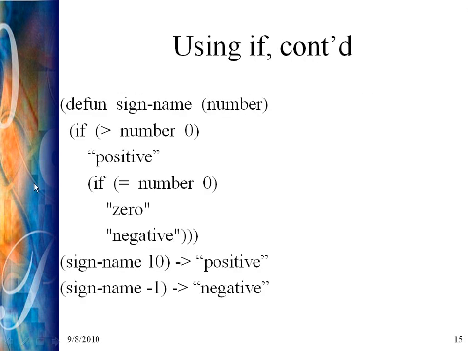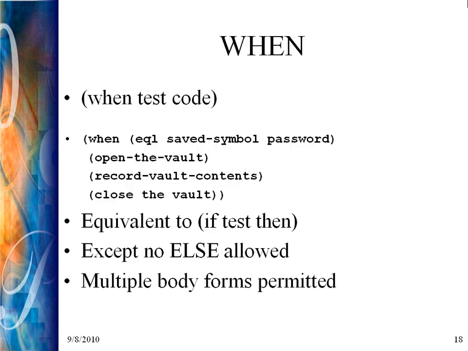We were trying to determine whether a number was greater than 0 and positive, or equal to 0, and therefore 0, or the third possibility less than 0, and therefore negative. And we had these nested if statements. And if you have a lot more possibilities, you end up with a tremendous number of nested if statements, which gets very confusing after a while.